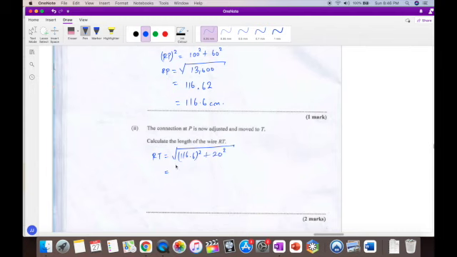So that is going to be the square root of 13995.56, which is approximately 118.3 centimeters to 1 decimal place.